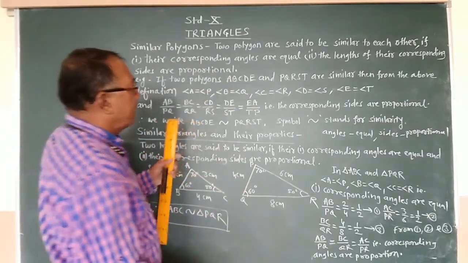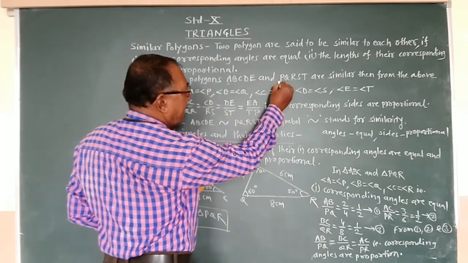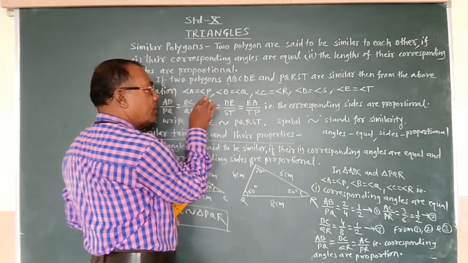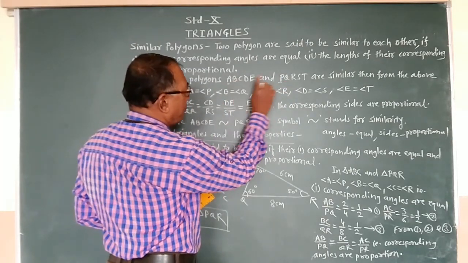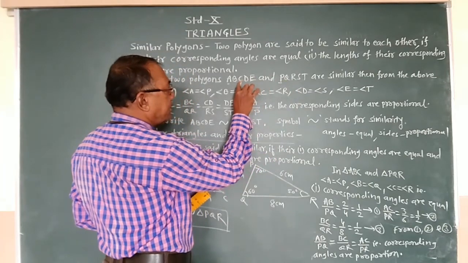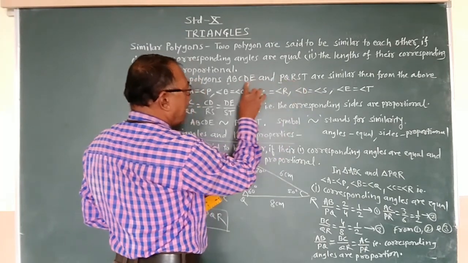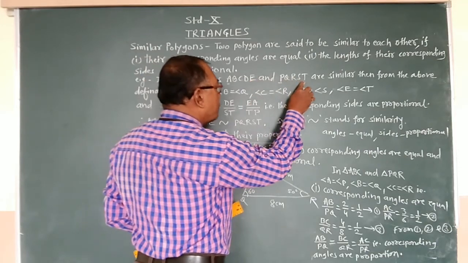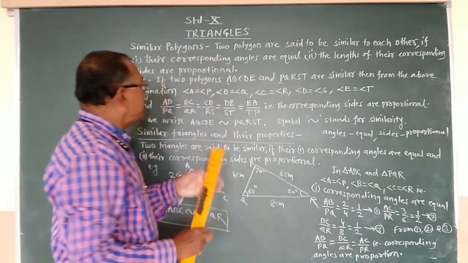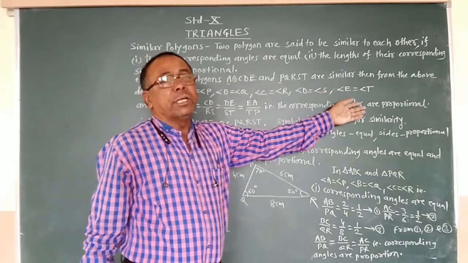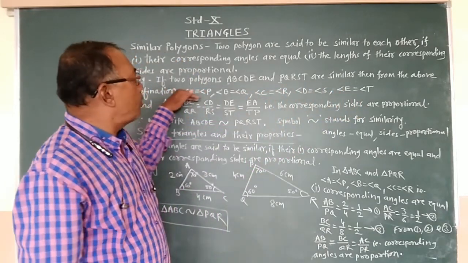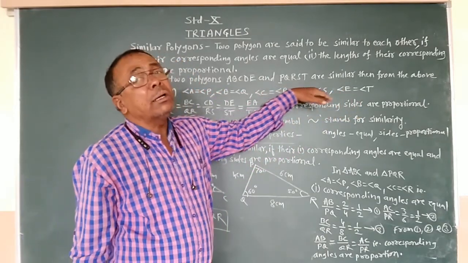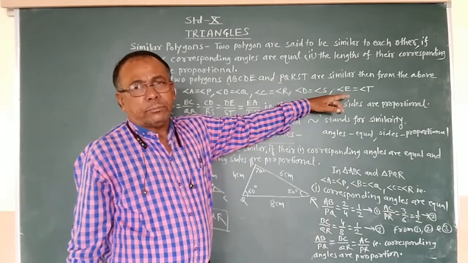Means angle A equal to angle P, angle B equal to angle Q, angle C equal to angle R, angle D equal to angle S, and angle E equal to angle T. So the first condition is that their corresponding angles are equal.